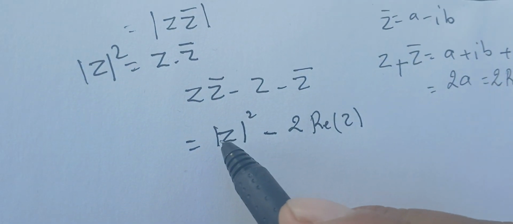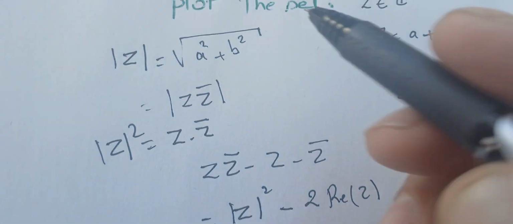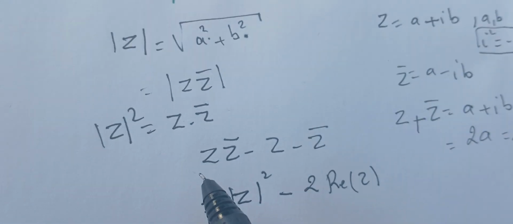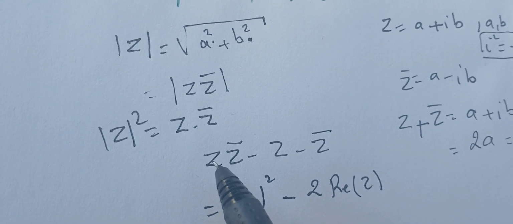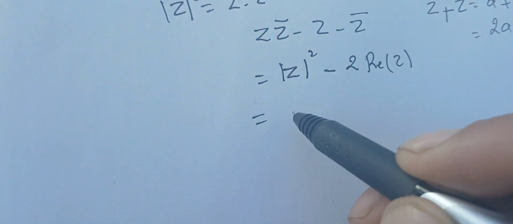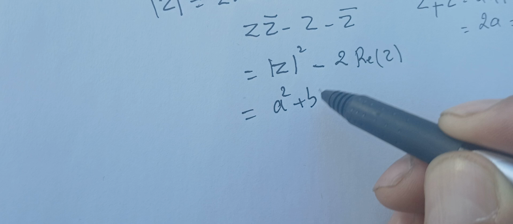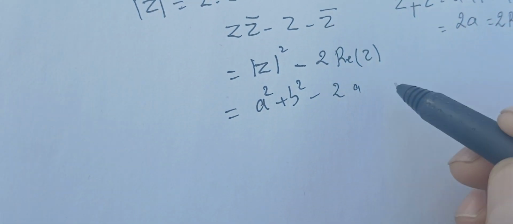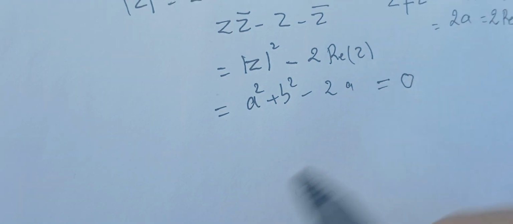So the modulus of z squared is a squared plus b squared. We can see that this is just a squared plus b squared minus 2 times the real part of z, which is a. We want this equation to be 0.